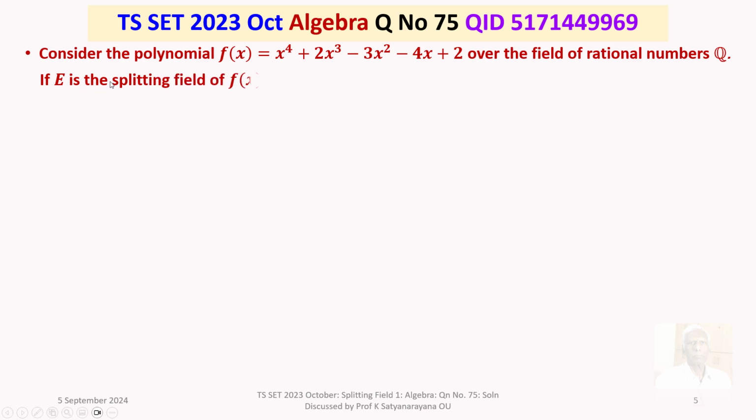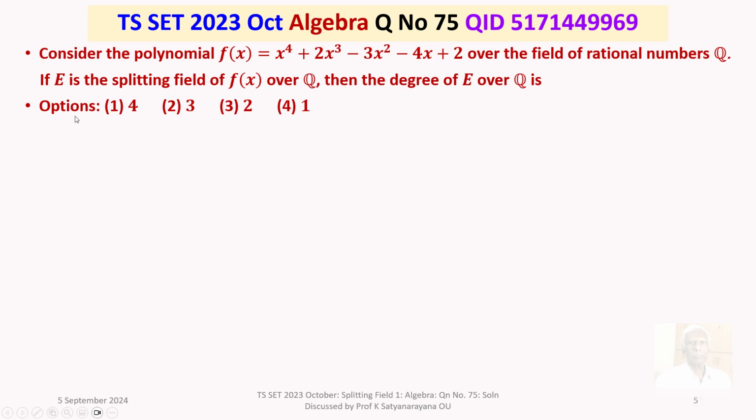If E is the splitting field of f(x) over Q, then the degree of E over Q is. So if E is the splitting field of this polynomial over Q, we are required to find the degree of E over Q. And we are given 4 options. Option 1, 4, option 2, 3, option 3, 2, option 4, 1.